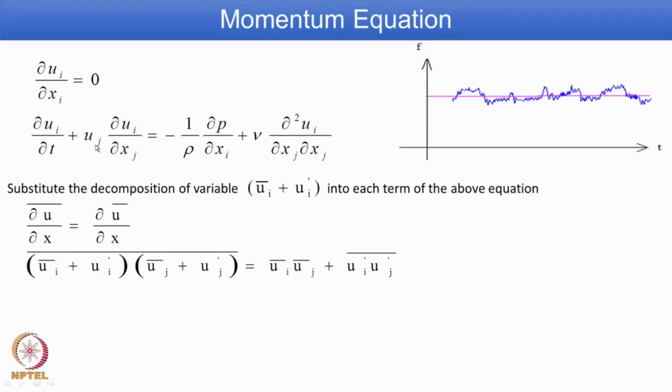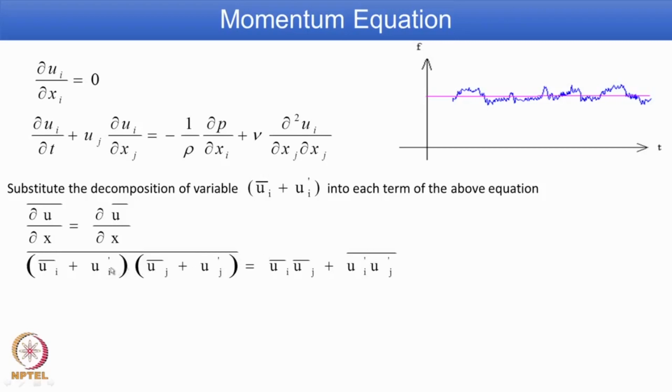It has uj ∂/∂xj of ui. Now, what do we do? We apply decomposition to this. So, if you do a time average, you get ui bar plus ui prime and then uj bar plus uj prime, and you take a time average on that quantity.